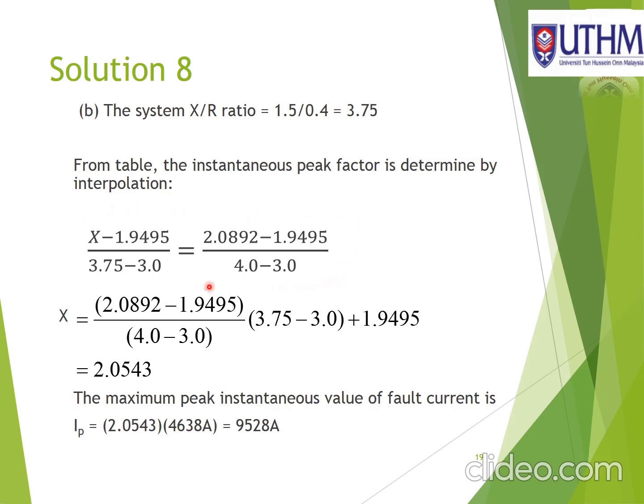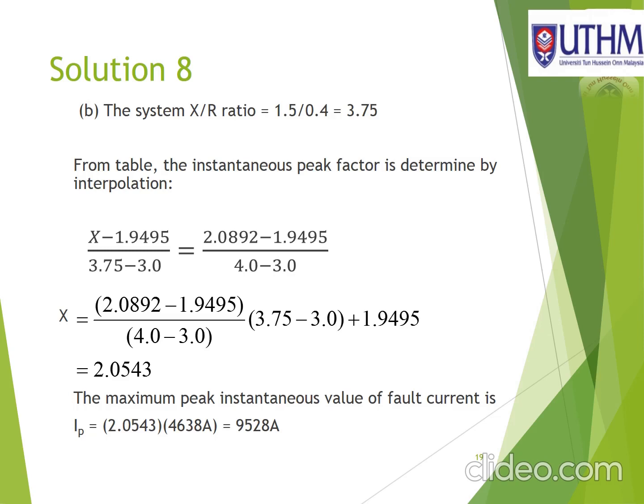This is the formula for the interpolation method, and we can get the value of X, which here is the instantaneous peak factor for X/R ratio 3.75. After we rearrange the formula, we get the value 2.0543.